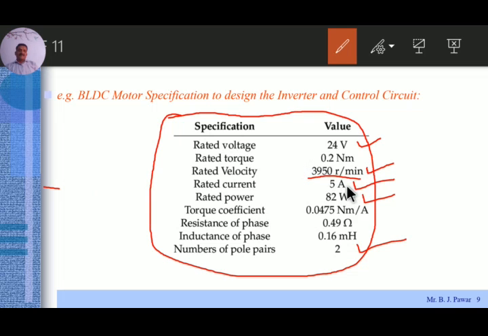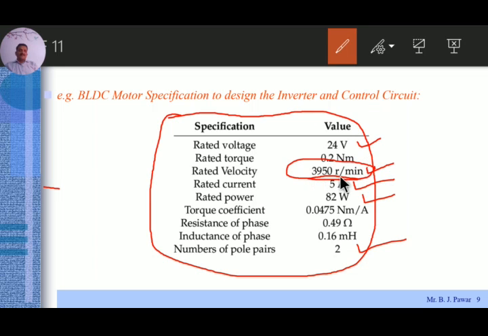So while designing the PWM in the controller, we have to consider this rated velocity, or at what speed we have to operate that motor. Accordingly we have to set the frequency of the firing pulses, or triggering pulses for the thyristors or MOSFETs. The frequency should be according to the speed requirement, and the maximum speed acquired using this motor is 3950 RPM.